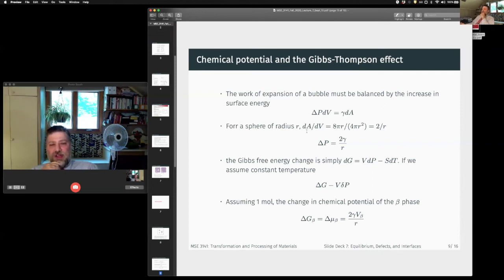So if we have a sphere of radius r, we plug that in, we see that our change in pressure has to be equal to 2 times our surface energy divided by our radius. In the Gibbs free energy change of this, because we're changing pressure, we don't have this constant pressure term, so we need our VdP minus SdT.